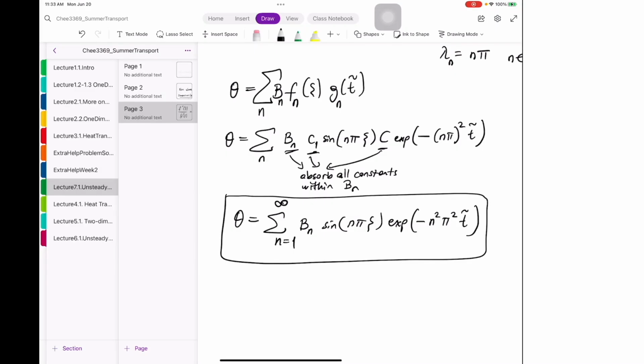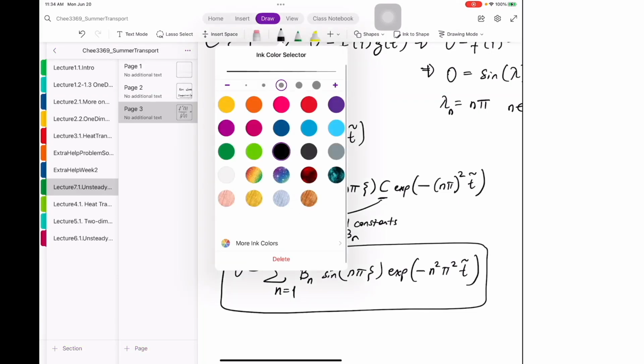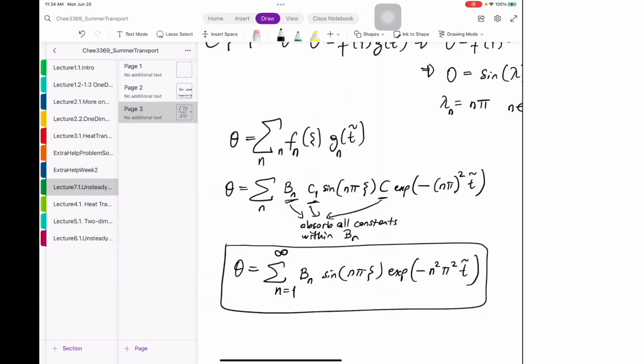Exactly. Since Bn is just a constant, there is no harm, and I'm going to forget about the previous Bn. It should not be a problem. For the sake of simplicity, let's say Dn.